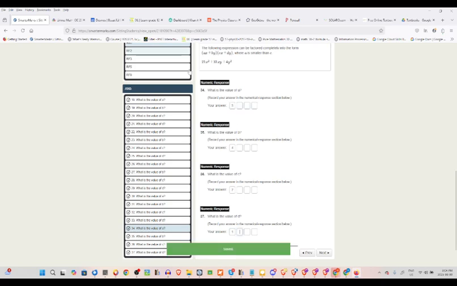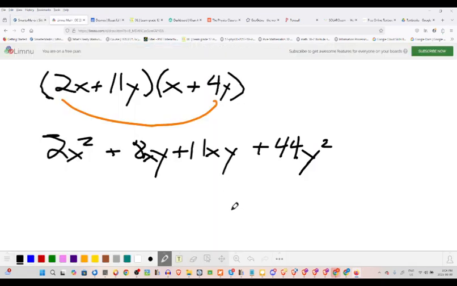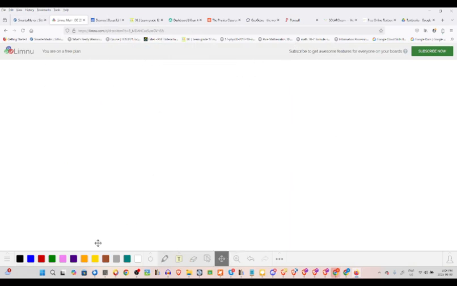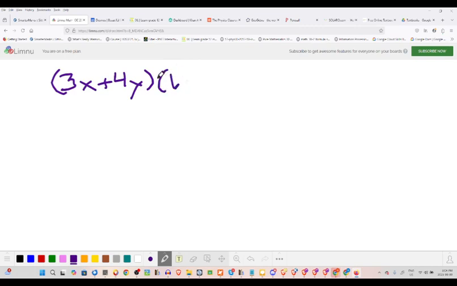So this is 3x plus 4y times a 7x plus 1y. Don't actually need to write the 1, but that gives us our 21x squared from the 3 times 7.